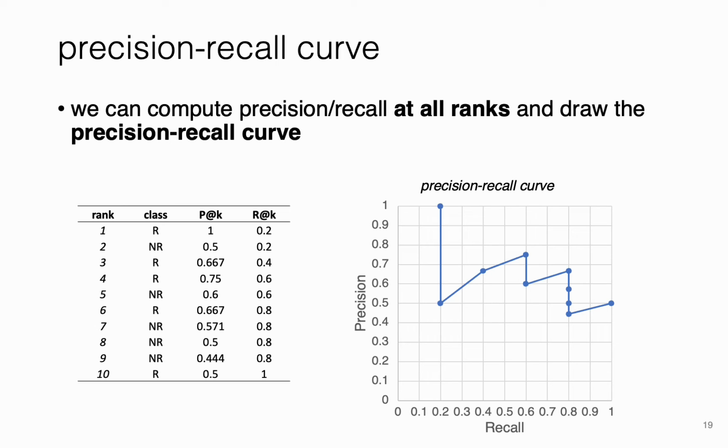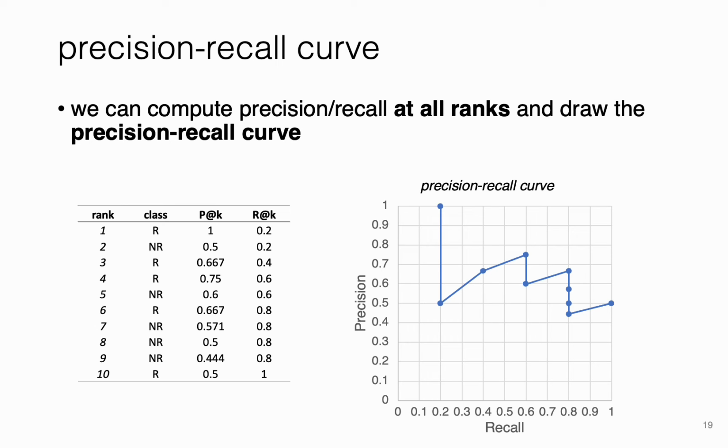For each rank, there is a precision at k and a recall at k value. For example, at rank 1, we have a relevant item. So, precision at 1 is perfect. It takes the value of 1. Recall at 1 is 1/5, as we have recommended 1 among the 5 relevant items.